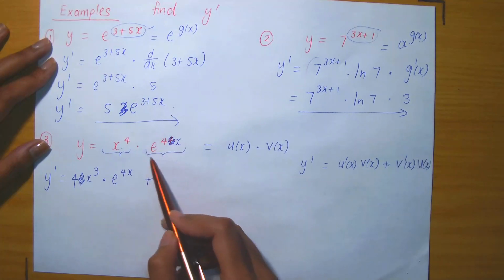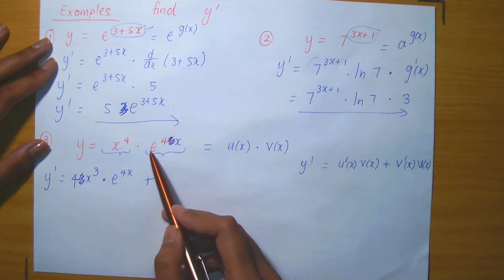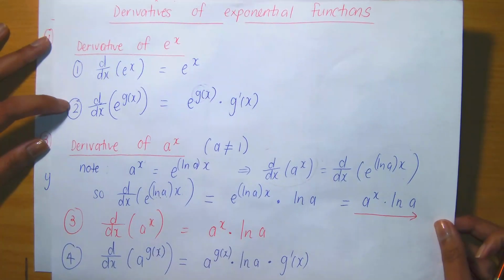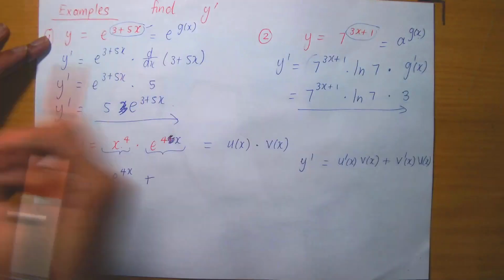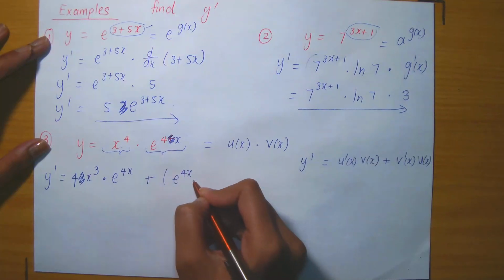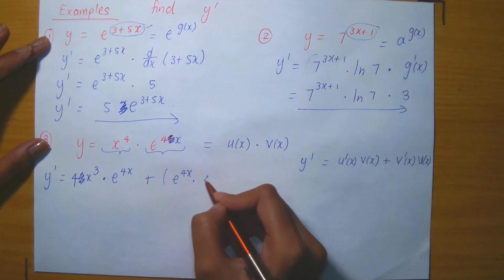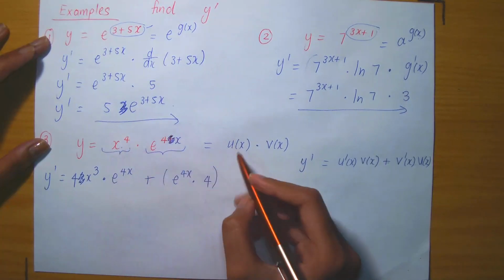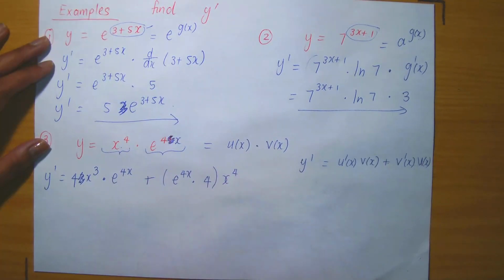So I now need to differentiate this portion. What is the derivative of e raised to the power 4x? Remember, this is now going to require the chain rule version for the derivative of an exponential function. So that's what I'm using. So that's going to be equal to e raised to the power 4x times the derivative of 4x, which is just 4. And then I'm going to multiply it to that function, which is x to the power 4.